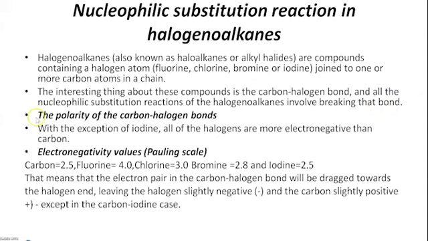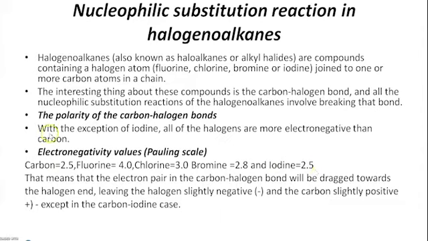The most important point is the polarity of the carbon-halogen bond. With the exception of iodine, all the halogens are more electronegative than carbon. As you can see from the values, carbon is 2.5, chlorine is 3, fluorine is 4, bromine is 2.8, and iodine is 2.5.